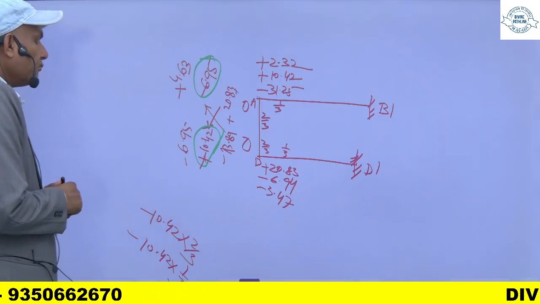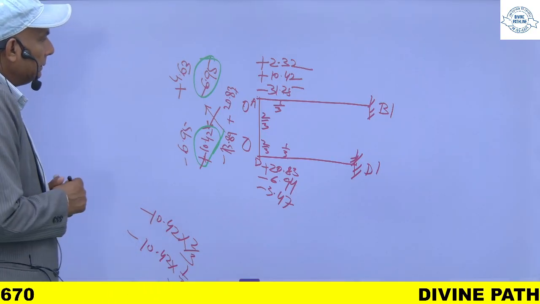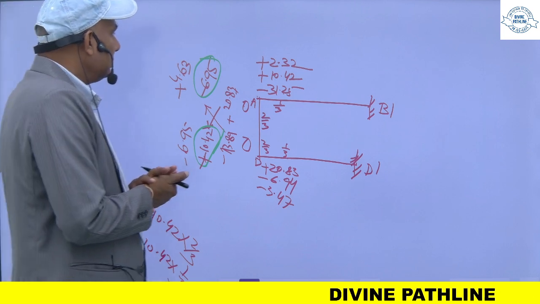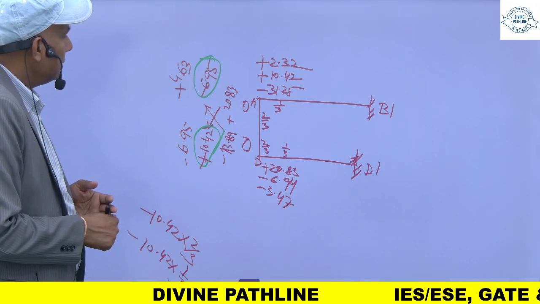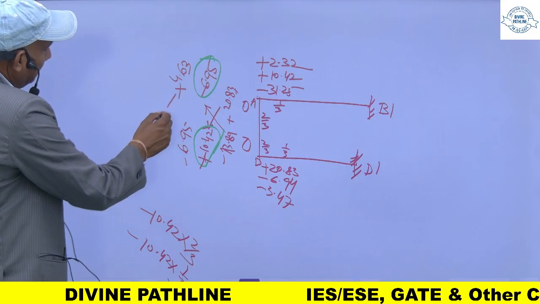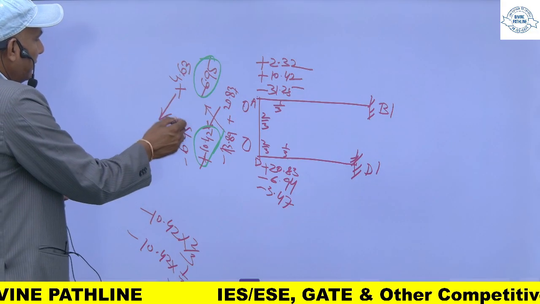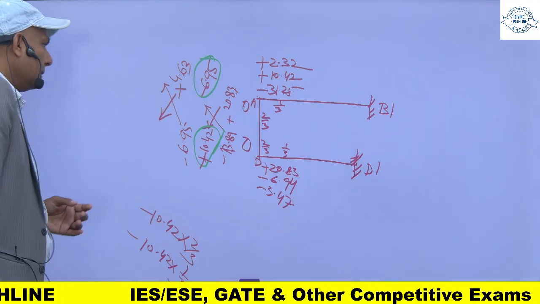Now half of this will come here and half of this will come here, apply.